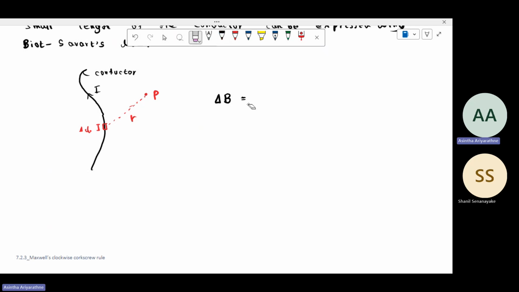It is found to be proportional to the current flowing through the conductor. That is obvious.